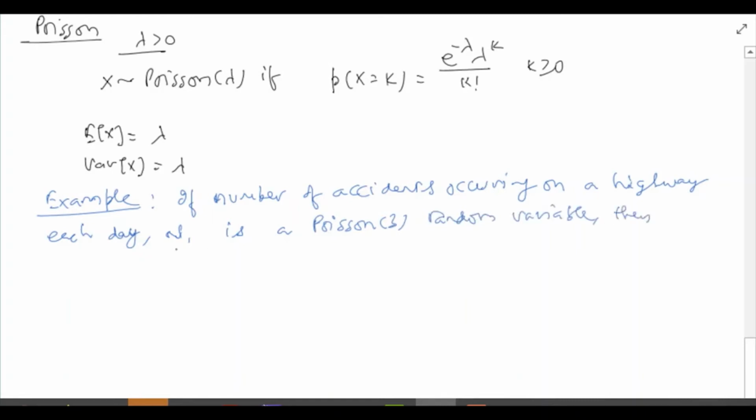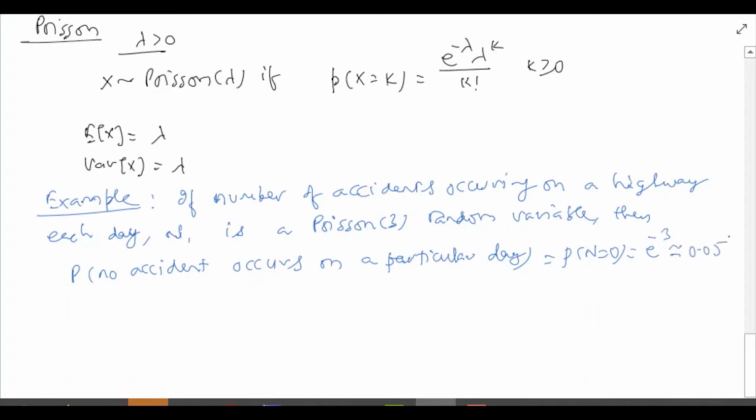the probability that no accident occurs on a particular day, that is the probability that n will be 0, according to the PMF given above, would be e raised to minus 3, which is roughly 0.05.